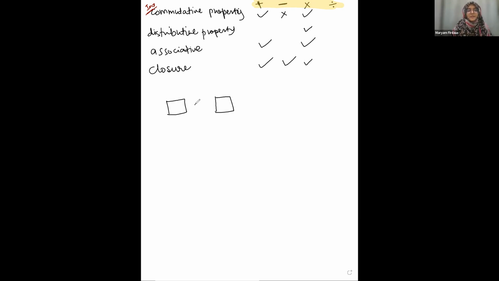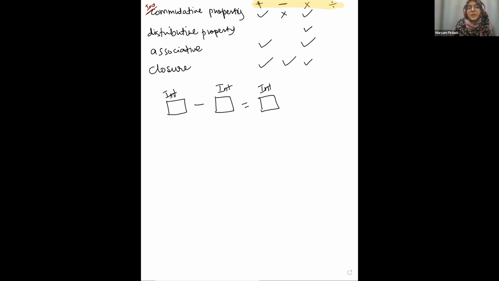So if we put a subtraction sign, you need to have two integers, and when you subtract them, you should always get an integer. So this does hold true, no matter which two integers you put, you will always get an integer. You can take any countless number of examples that you want. It will always hold true.